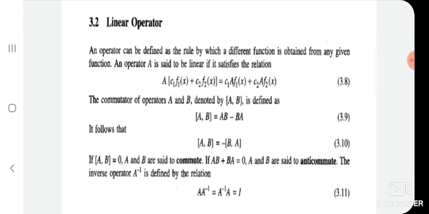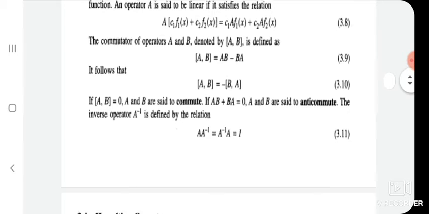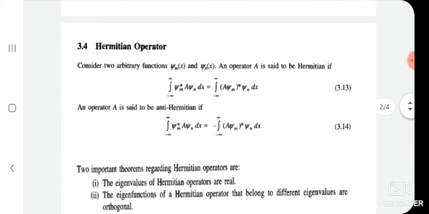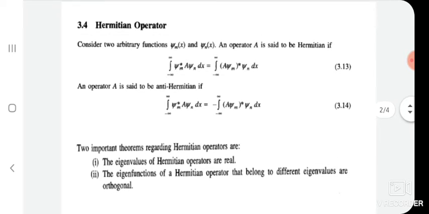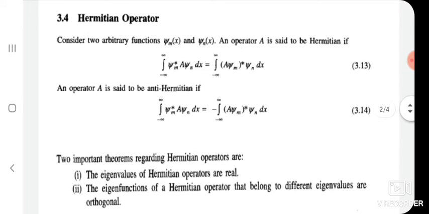The inverse operator is defined as follows: if we multiply the inverse operator A inverse with the operator A, then A A inverse is equal to A inverse A is equal to I. Now there are different kinds of operators available in quantum mechanics.